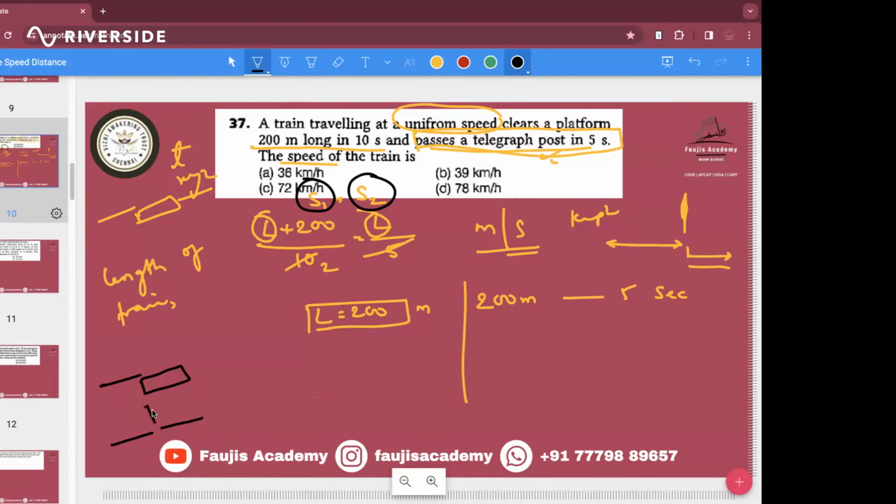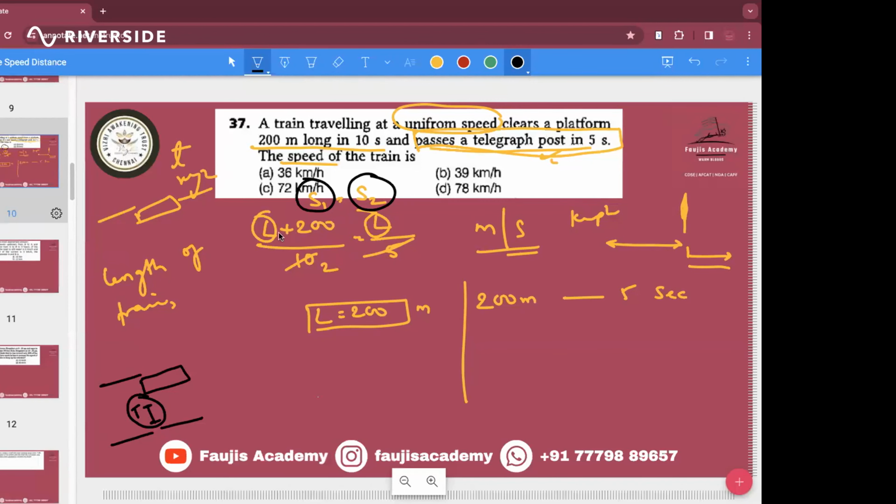Imagine it's some pole, an electricity pole. Will the electricity pole have some distance in it? No. So if S1 is equal to S2, are you so far with me?